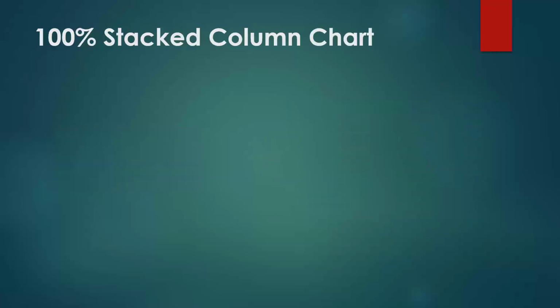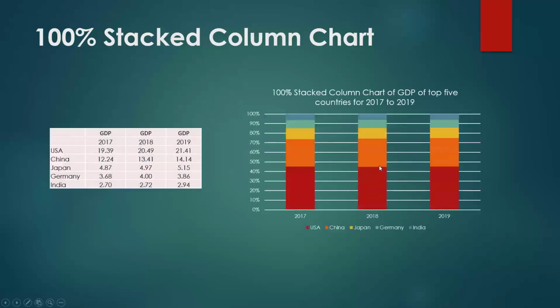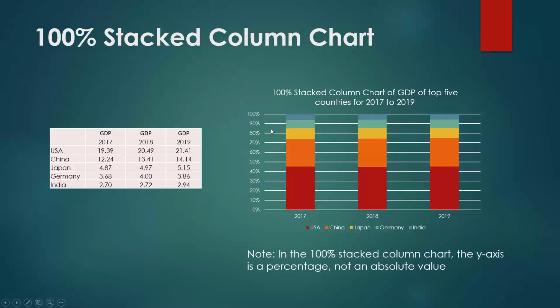Now, another type of stacked chart is a 100% stacked column chart. Same data as last time, but this is a 100% stacked chart. So what's the difference? Notice that all the columns are the same height and it says 100%. So in a 100% column chart, the y-axis is a percentage, not an absolute value.